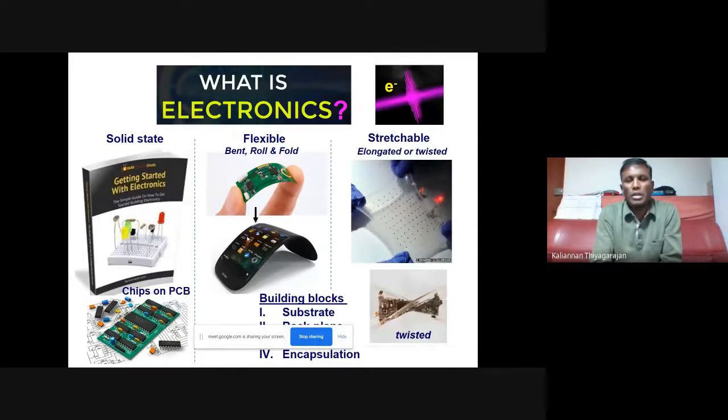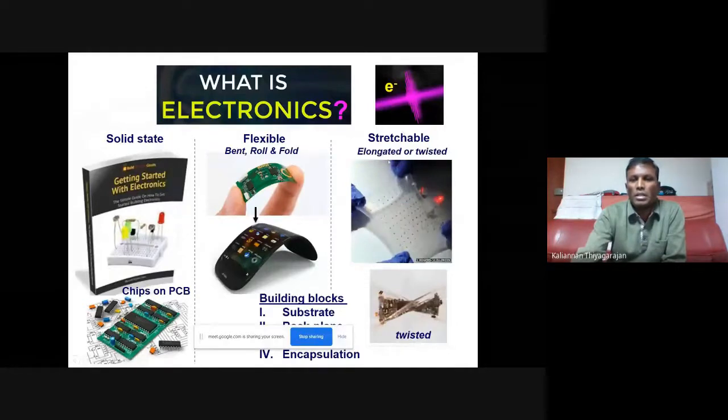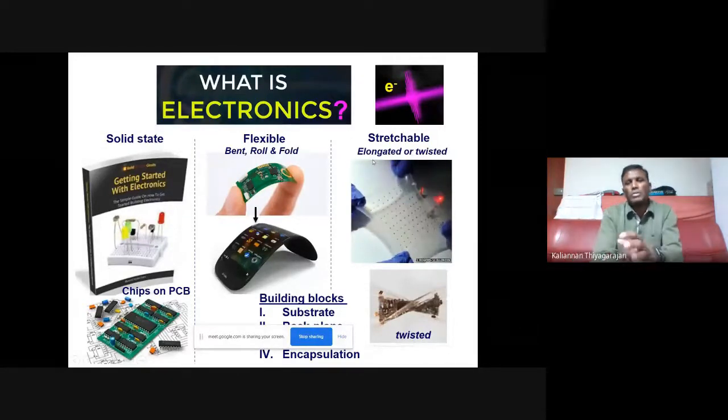In the future, very soon, I think within 5 years, we will have a real flexible smartphone in our hands. I'm hoping for that. The next is stretchable electronics. This is the future electronics. Generally in our country, the ladies use a rubber band.